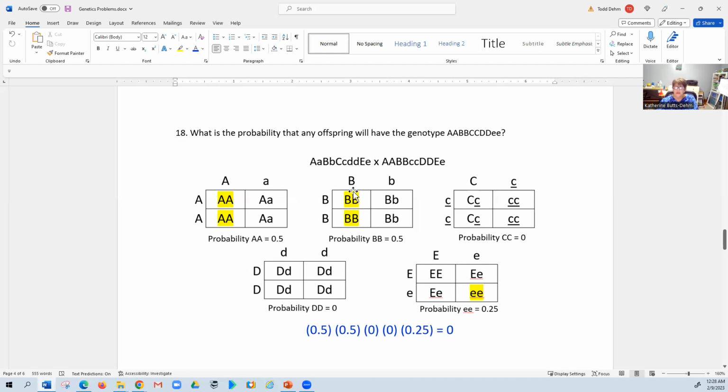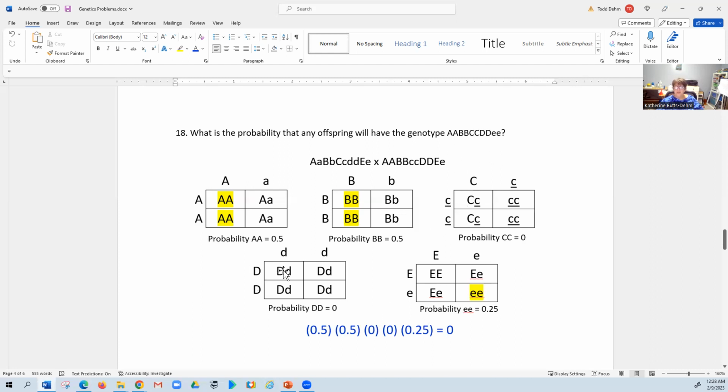So here's the only hets here, and we have 50% big B. For the C's, we have a heterozygous one right up here and a homozygous recessive. And you know, nothing's highlighted because the probability of getting a big C is 0. And you know already from this point, if you're going to multiply in one of the numbers 0, it's going to be 0. There's no chance at all that you will ever get this genotype because you'll never get a big C out of that.